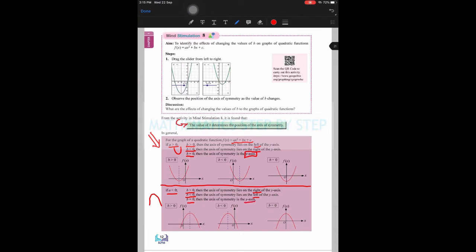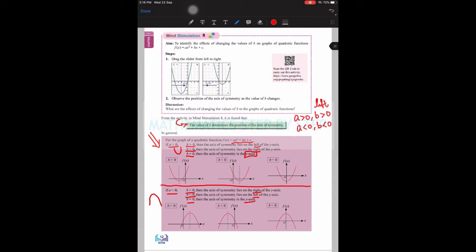So what we can conclude from here is that if a and b have the same sign, either both greater than 0 or both less than 0, then the axis of symmetry will be on the left hand side of the y-axis.